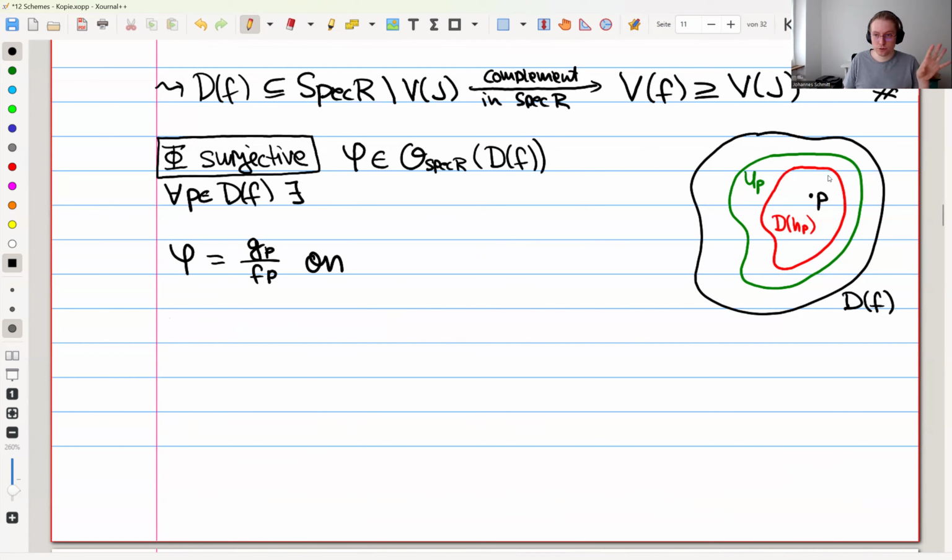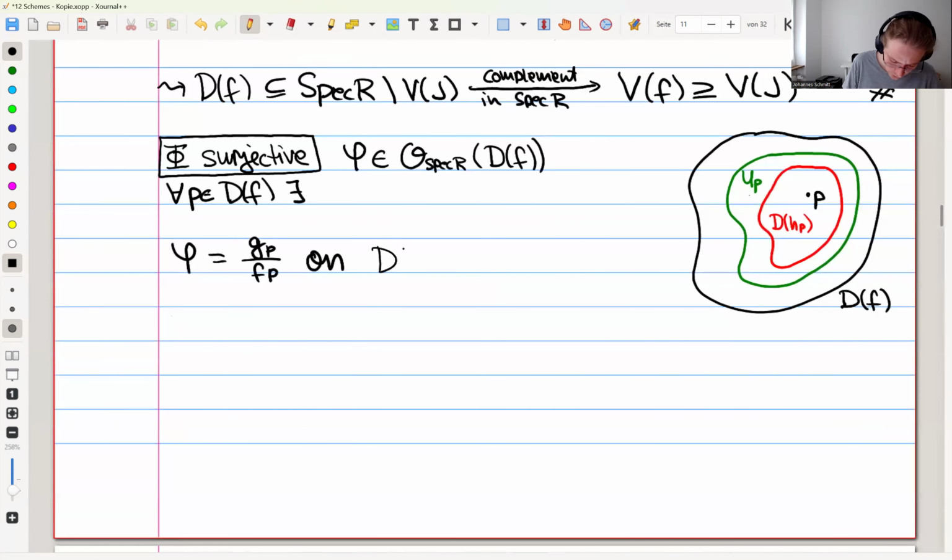And a priori, this would be on UP, like this. But we already want to reduce everything to elements of the ring. And so we can find the basis element of the basis of this Zariski topology, DHP, some distinguished open, inside UP. So in other words, we only want this thing here on DHP. So we want to find this HP in R, such that P is of course contained in DHP, and such that this here makes sense.